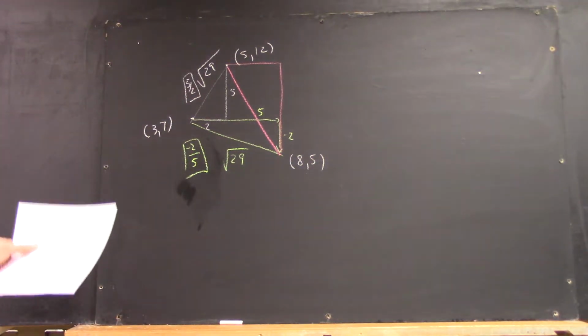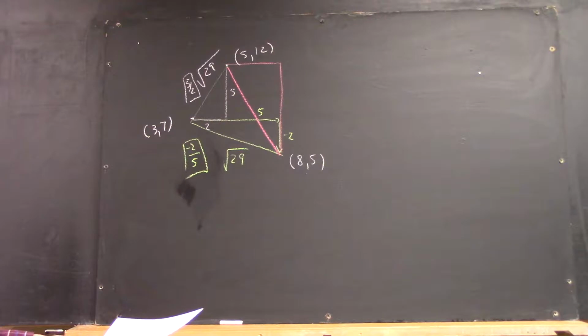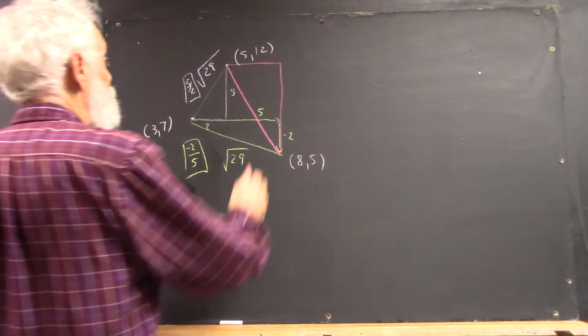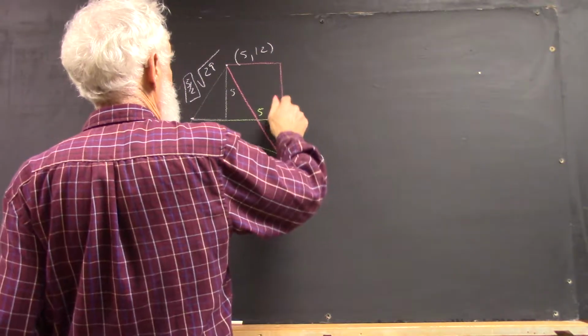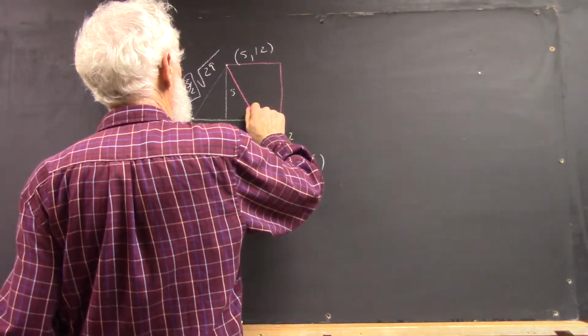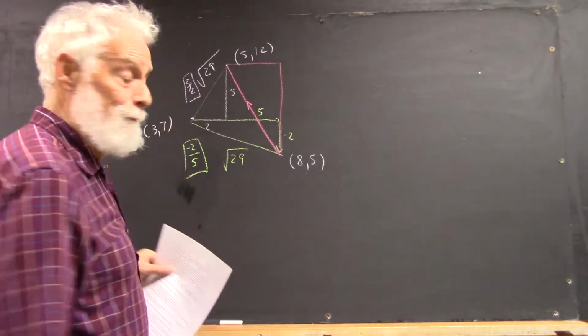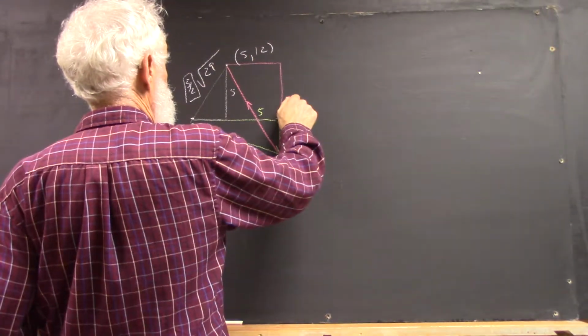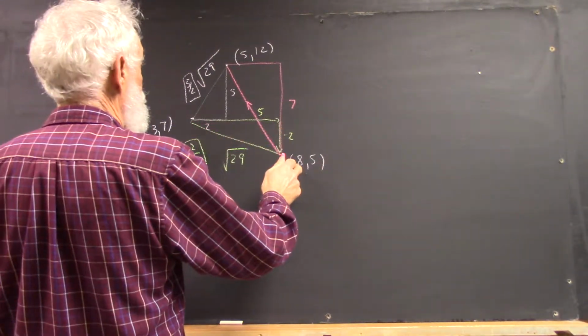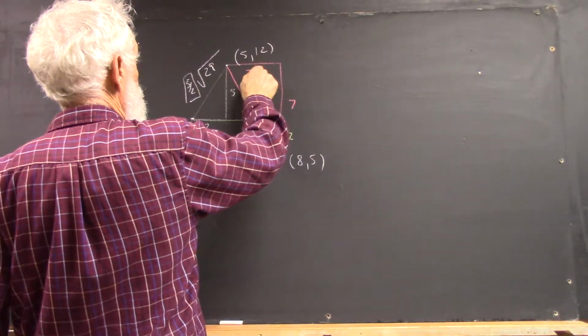So, what's the rise? Rise is 7. Okay, if we do 12 minus 5, that means, of course, we're going in this direction, right? So second point minus the first, 7 is just fine. And then it's 8 minus 5, which is -3, right?